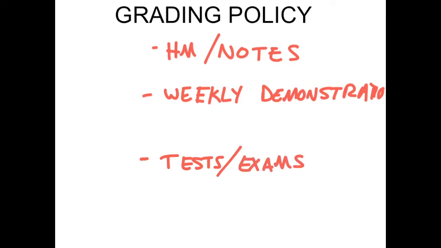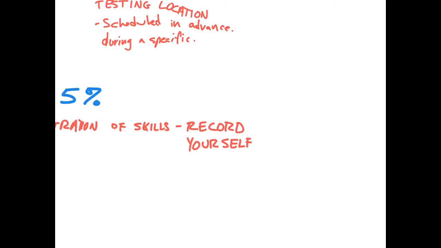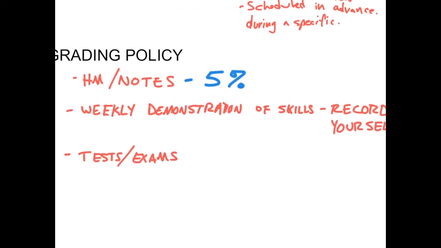Okay. Now, within each of these, your homework and your notes account for 5% of your grade. This is weighted. The weekly demonstration of skills, when you record yourself, is a whopping 35%. Tests and exams are going to be 65%. Or no, 60%, sorry.